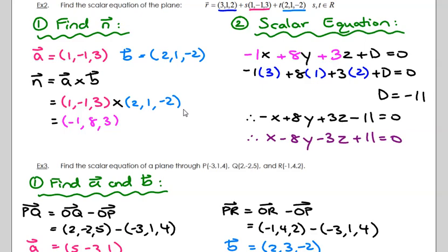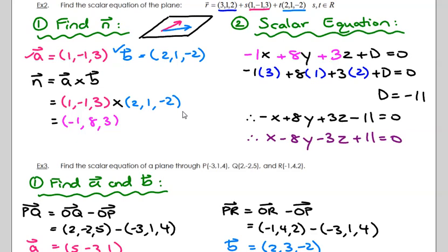Those 2 direction vectors I've rewritten on the left-hand side under our first step. Remember that they lie right on the plane, so this is one direction vector, and this one is the second one.